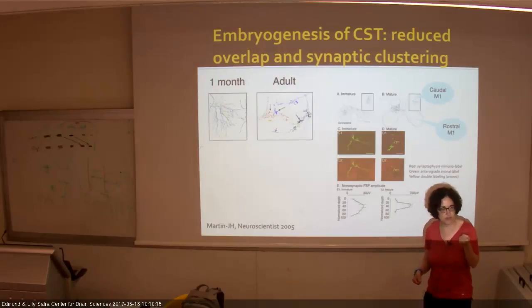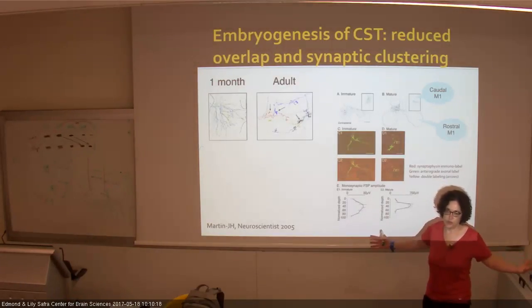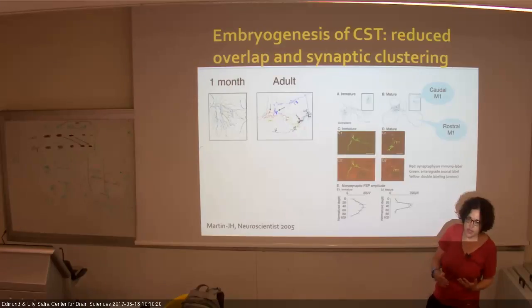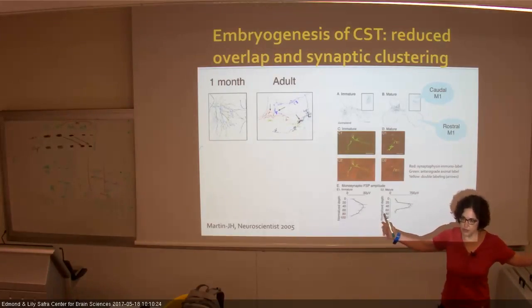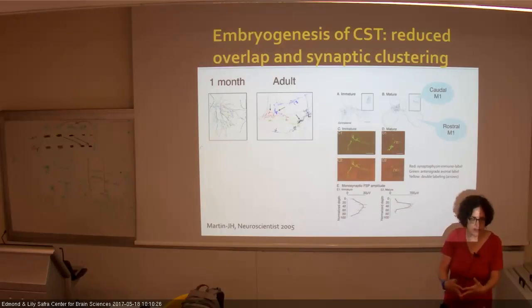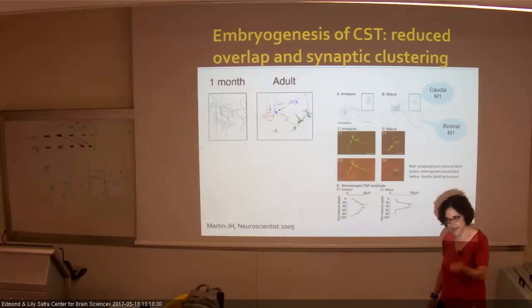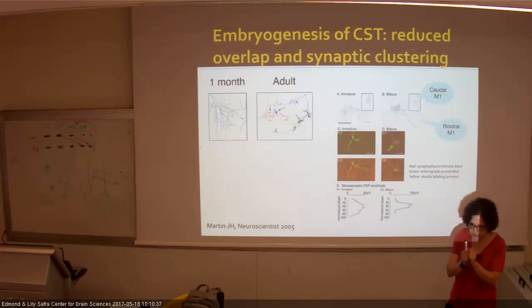Now, this is very different than the way sensory information terminates in the spinal cord. Axons from the periphery terminate in the spinal cord in a very precise manner, and this is based on a chemotaxic process, right? And the connections are very precise, okay?